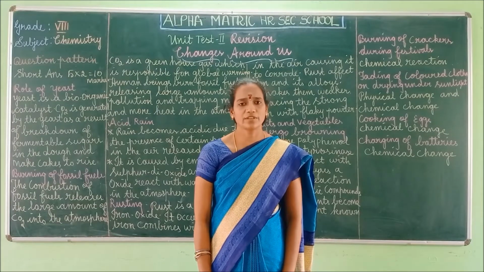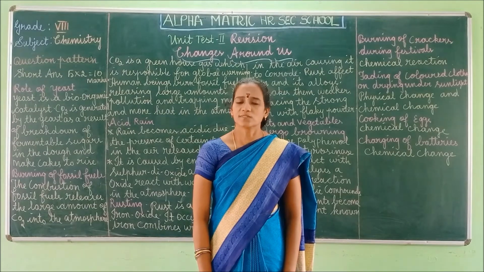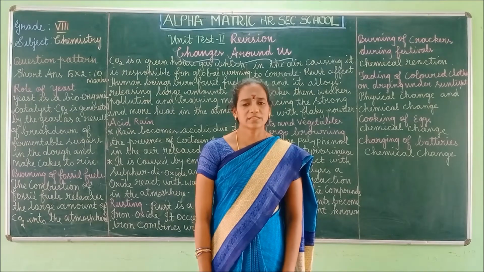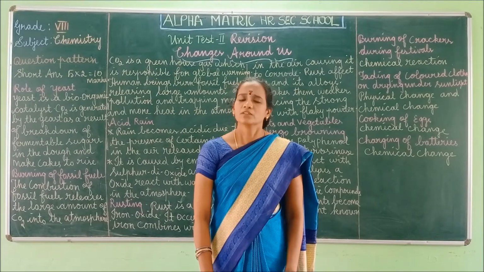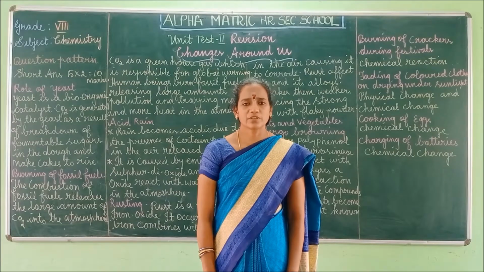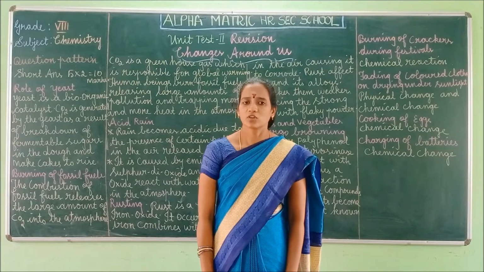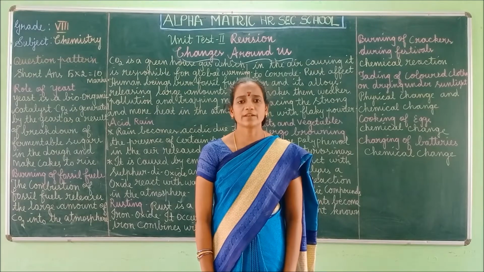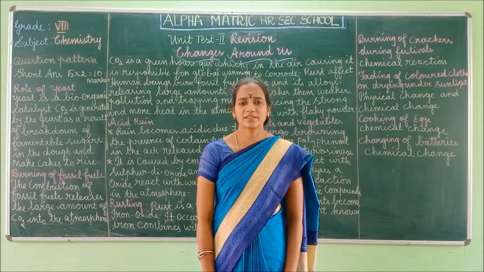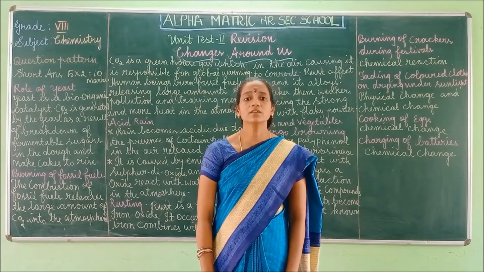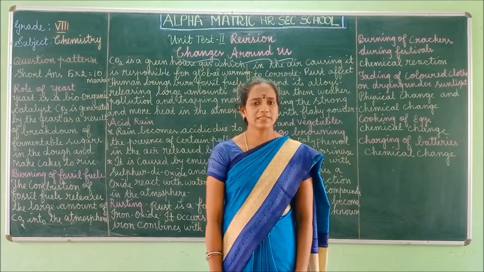Don't scribble, write neatly, use an ink pen. So in this session we are going to revise for the unit test. One word answers you will write in the next test, so you have to concentrate on the 2 mark questions as well as the detailed answers.